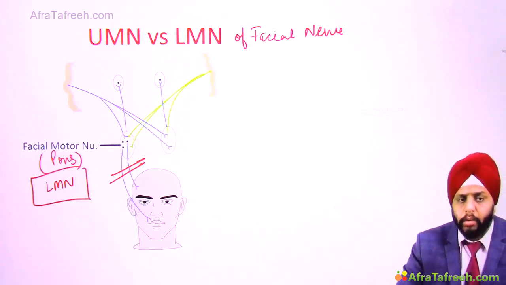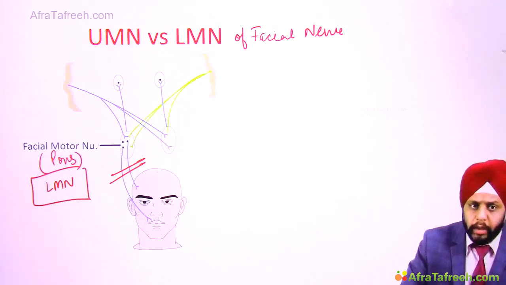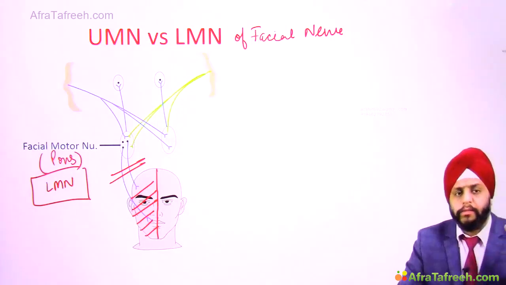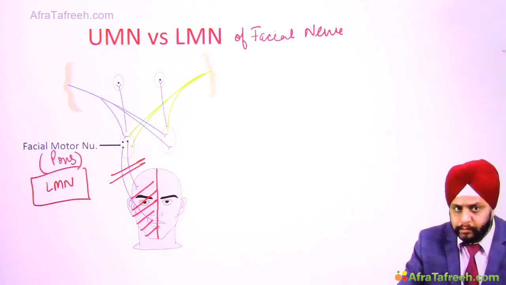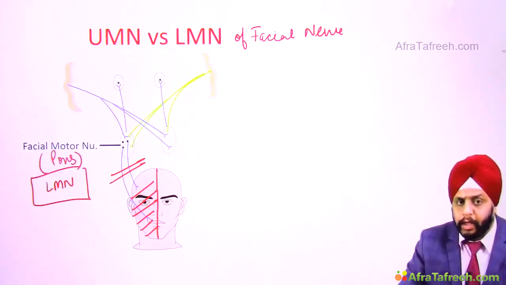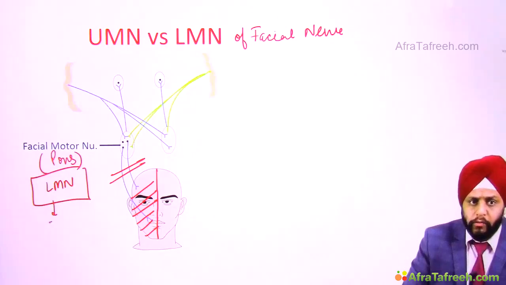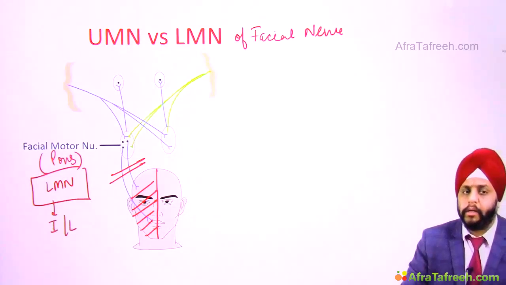Now, in a lower motor neuron lesion, what will happen? You see that one half of the face undergoes palsy, on the same side as the lesion. So a lower motor neuron lesion is always ipsilateral.